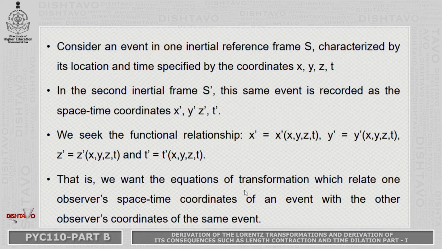We seek relationships of the type x dash is a function of x, y, z, t; y dash is a function of x, y, z, t; z dash is a function of x, y, z, t; and t dash is a function of x, y, z, t. That is, we want the equations of transformation which relate one observer's space-time coordinates x dash, y dash, z dash, t dash of an event with the other observer's coordinates of the same event, that is, with x, y, z and t.